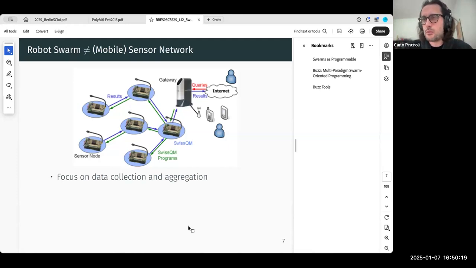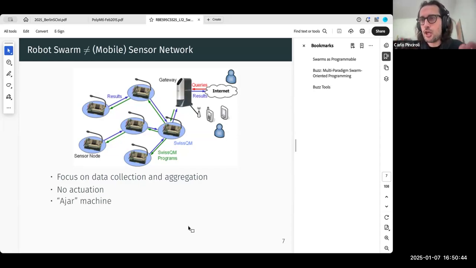These are not the applications we really think about when we think about robot swarms. Why do I want a robot in my house? Mostly to clean. I would really like a robot that cleans, or a swarm. Sensor networks basically have no actuation unless you talk about mobile sensor networks. In that case there is motion, but again, there's no environment modification, just motion.